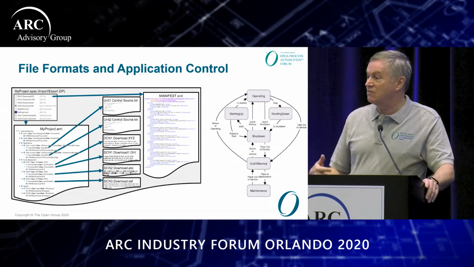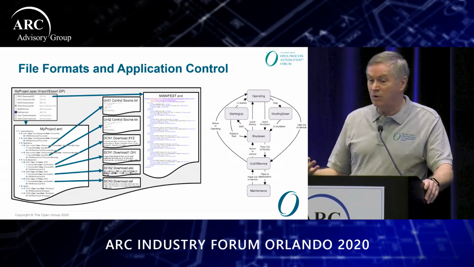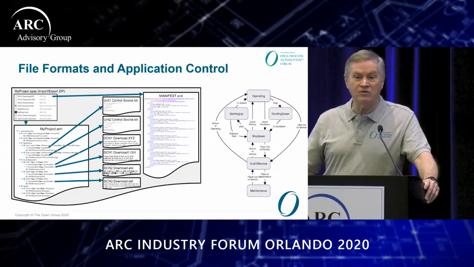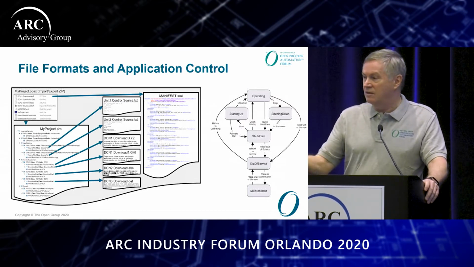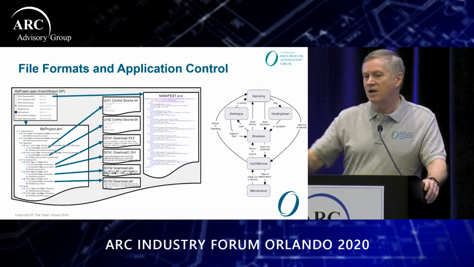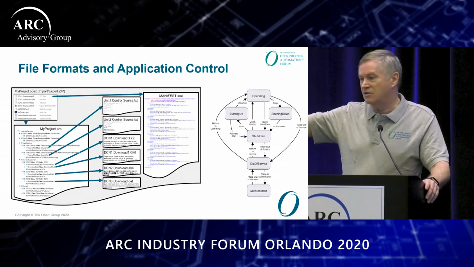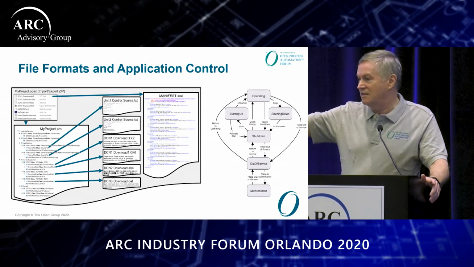Those things, because of the way AutomationML works, contain an external reference to the other files. So your AutomationML file says for this DCN, it's running this PLCopen IEC 1131-3 program, and here's the source file for it.